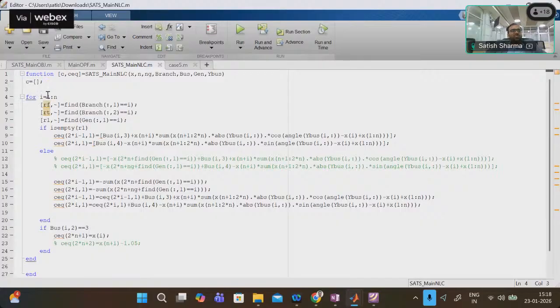The active power balance and reactive power balance equations have to be written for all the nodes, so I have used a for loop, i equals 1 to number of nodes. That is one part. Next, I have used a find command to check in which branches the ith node is present.